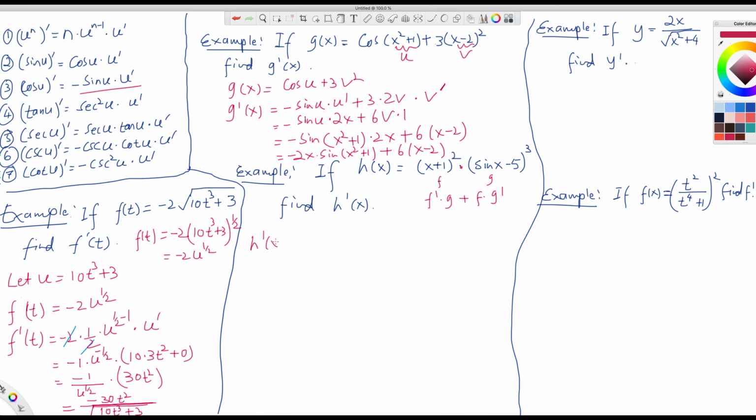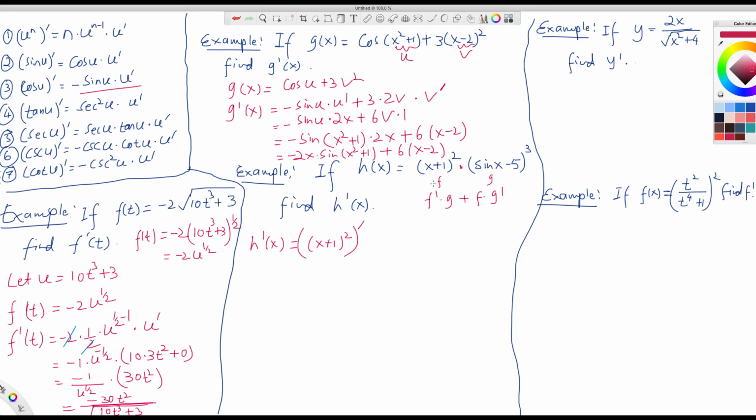So what is h prime then? h prime of x is equal to f prime, which is (x plus 1) squared, prime. This f is the whole thing. When we use the chain rule, we assume that the inside thing is u, and that inside thing will be like a v or u again.